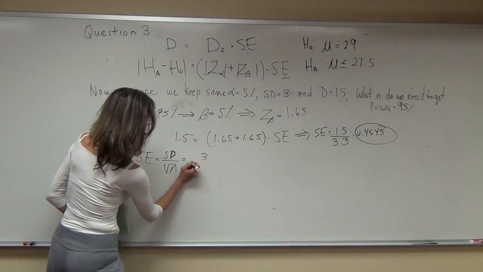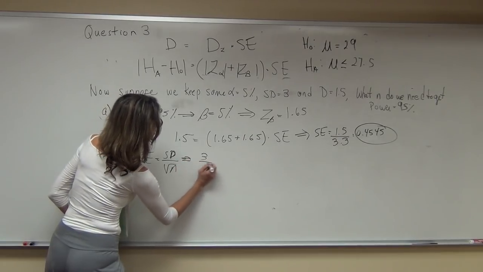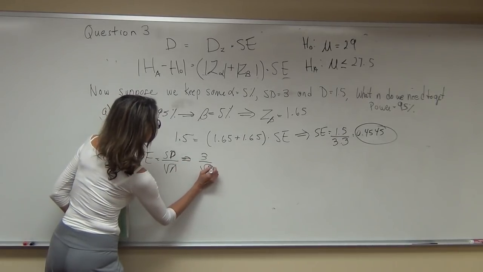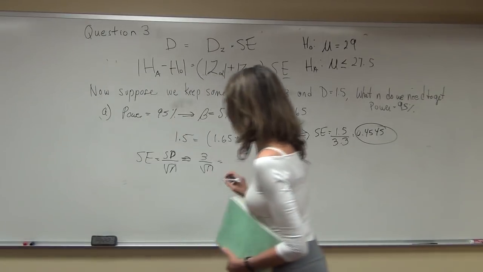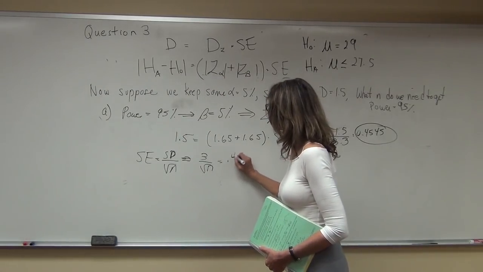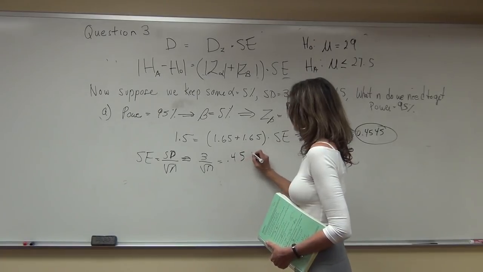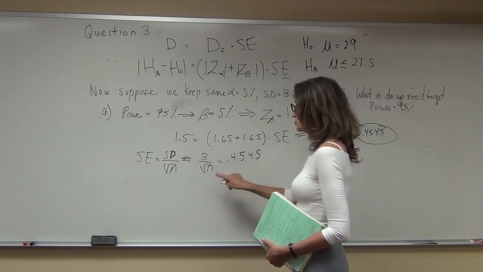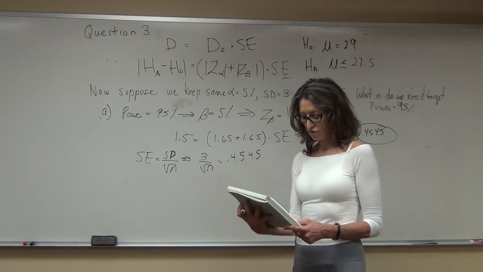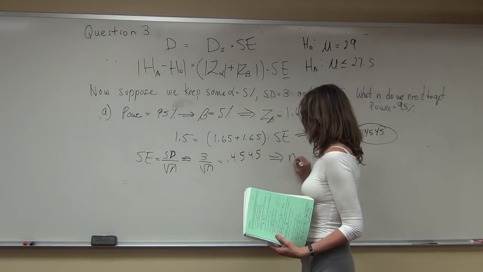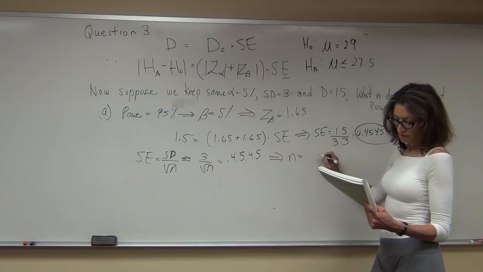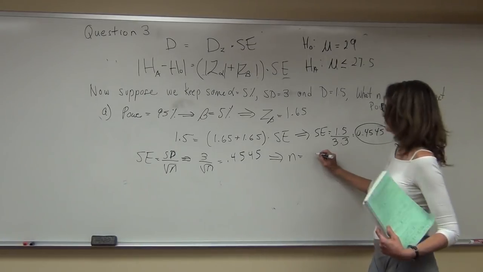So we have 3 over the square root of n is equal to 0.4545. Now all you have to do is solve for n, and when I did it, I got 43.57.